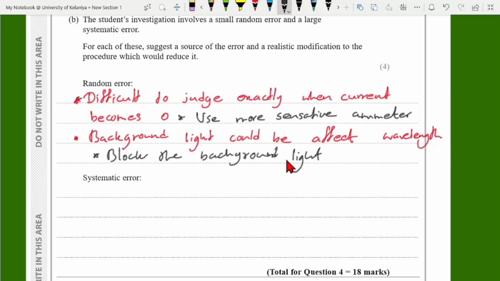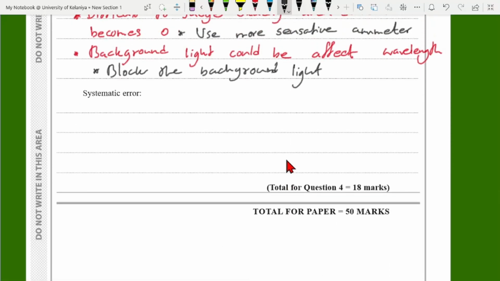So what are the systematic errors we're going to face in this experiment? You should be able to tell this: the color filters do not give monochromatic light, right? We need a monochromatic light source.